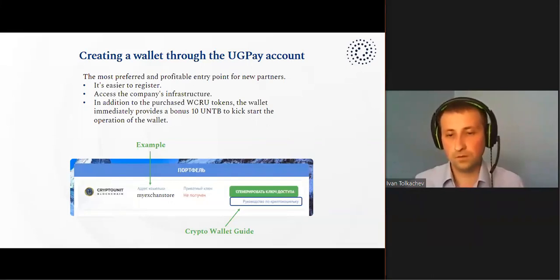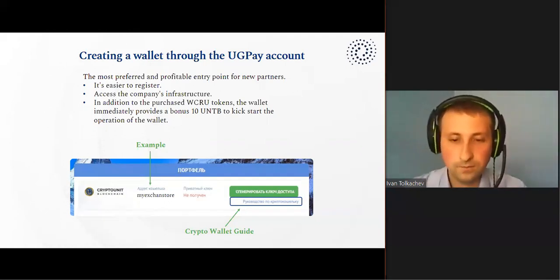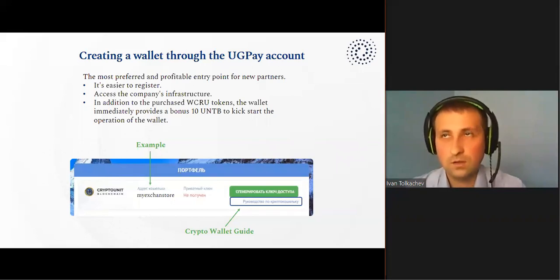And by purchasing WCRU tokens, you can generate your access key right away. This process is the simplest of them all. And when you register in UGPay Group, you get access to the entire infrastructure of the company.